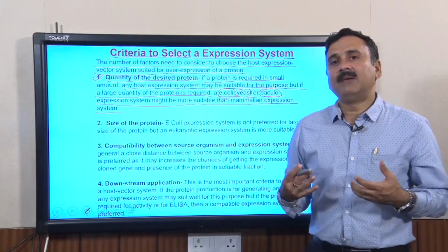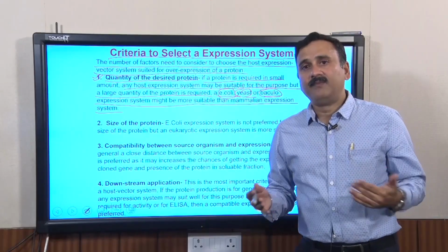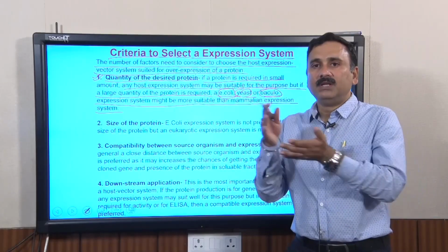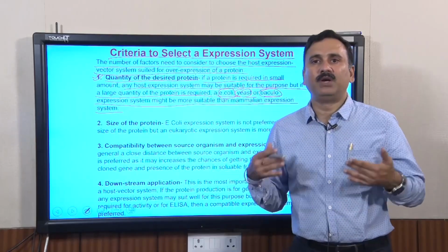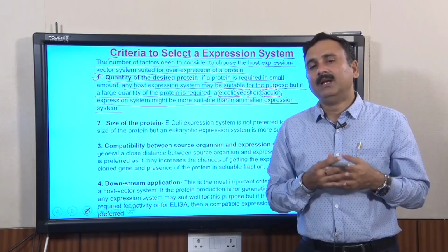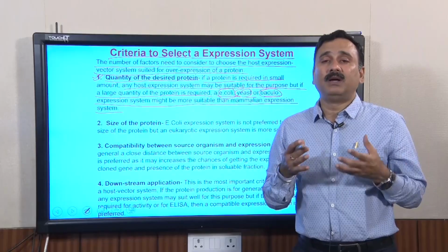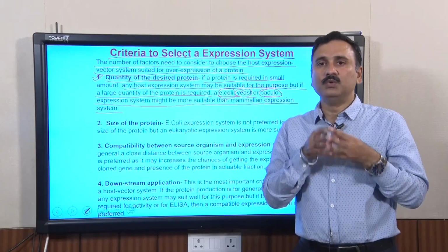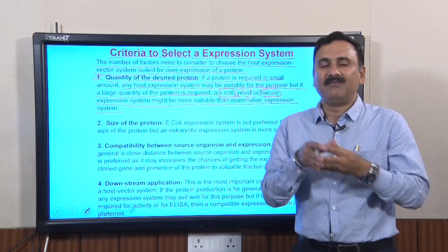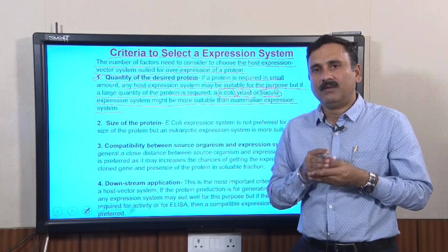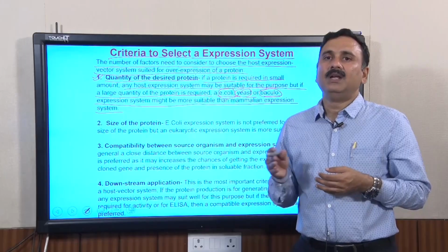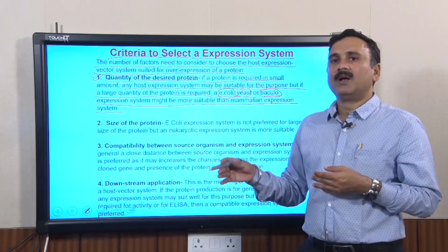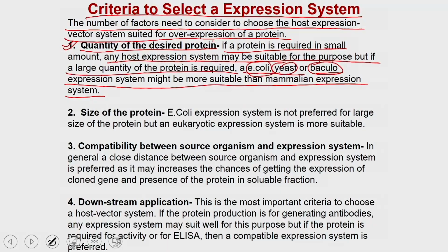These systems are cheap to grow. For example, if you want to use E. coli as a source of producing your protein, then the cost of preparing the media or manipulating these cells is going to be much lower compared to the mammalian expression system.